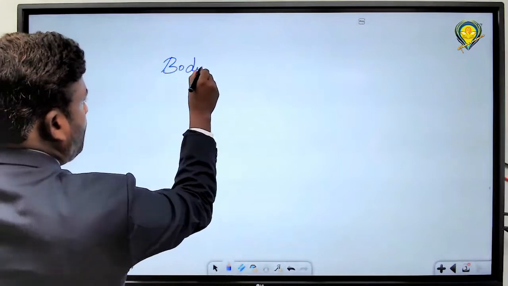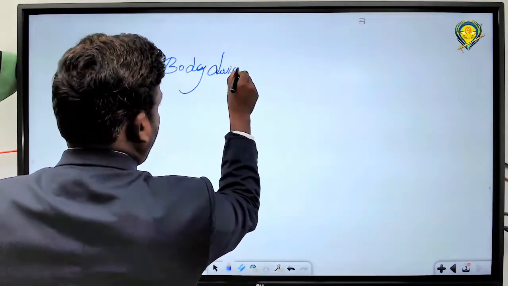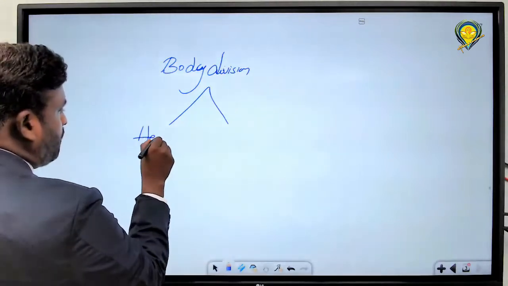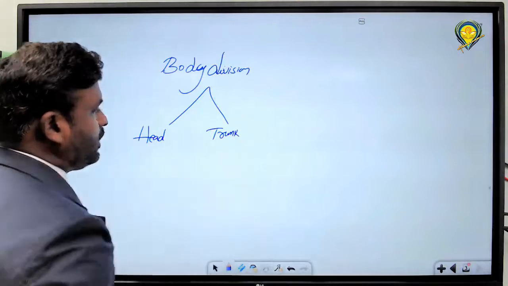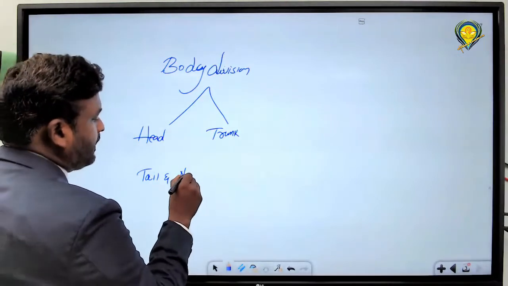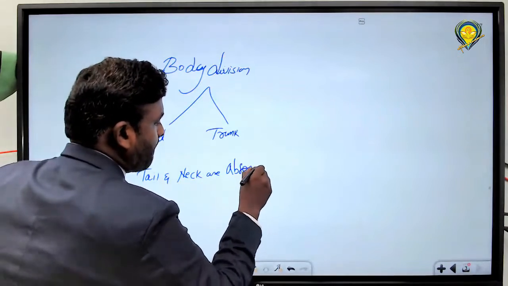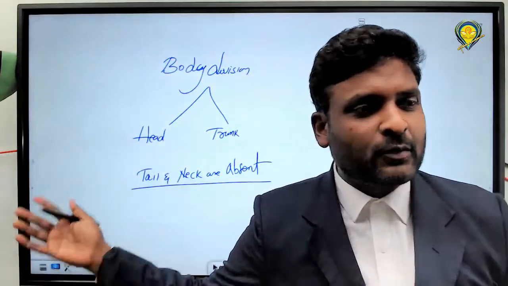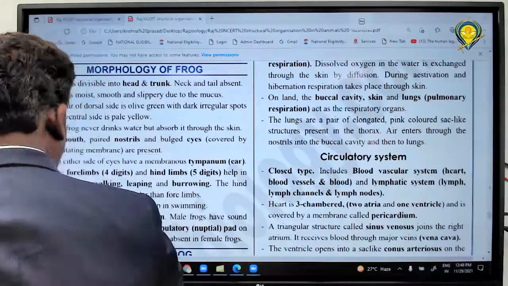Body division is divided into what? Head and trunk only. Next, tail and neck are absent. Only body division is head and trunk, as we see in the diagram also, right?